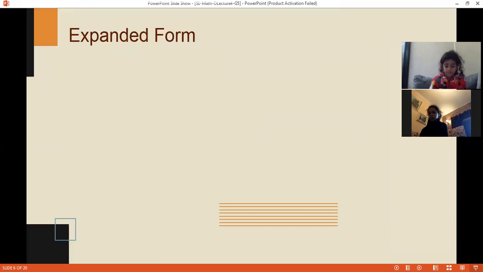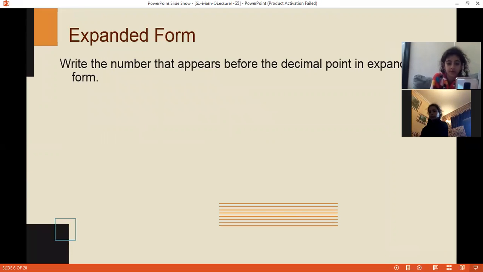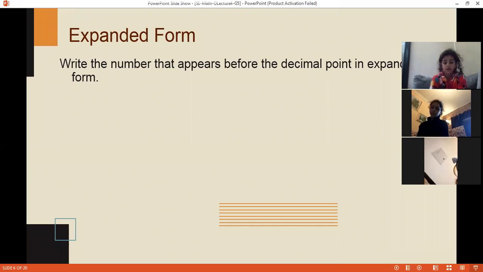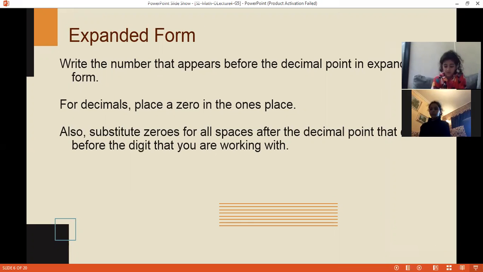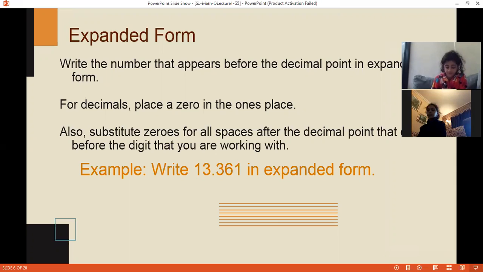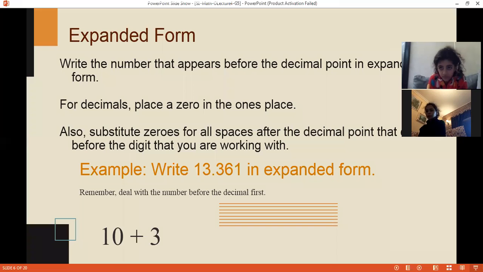Then we learned the expanded form, and we said that in the expanded form, we write it using zeros. Let us take an example. If we have 13.361, you start with the whole part, it's 10 plus 3. Then when you reach the decimal part, you start with 0 point something.